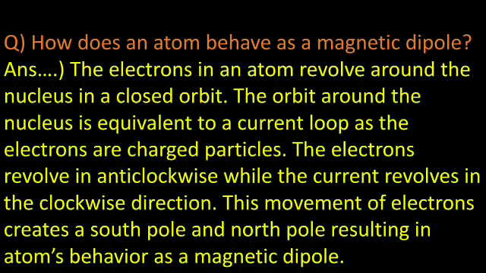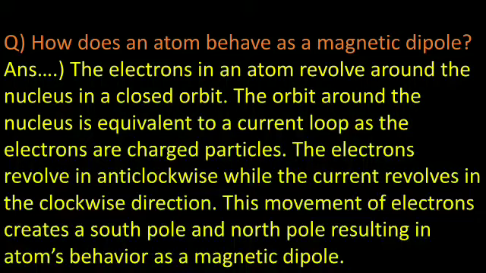Let's move further to the next question, that is, how does an atom behave as a magnetic dipole? The answer is the electrons in an atom revolve around the nucleus in a closed orbit. The orbit around the nucleus is equivalent to a current loop, as the electrons are charged particles.